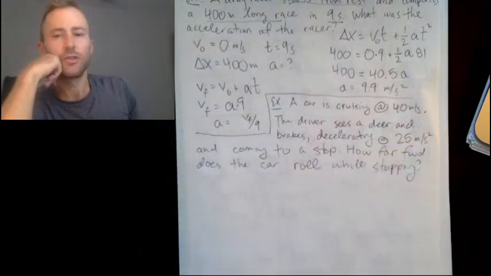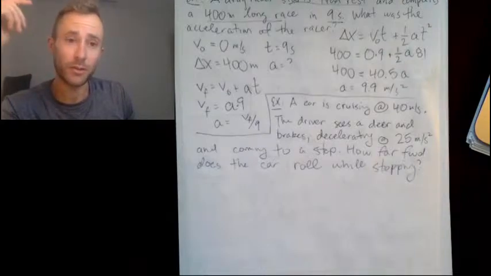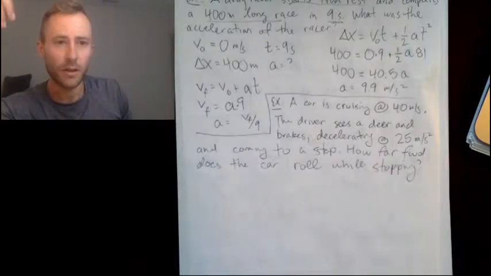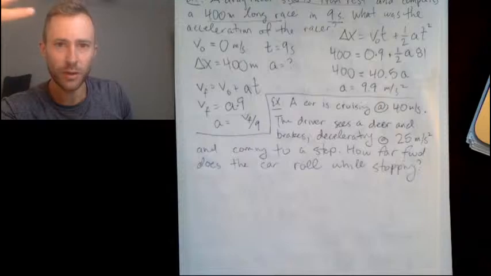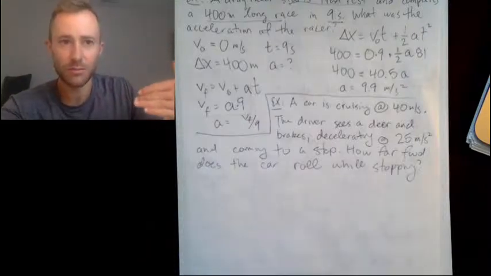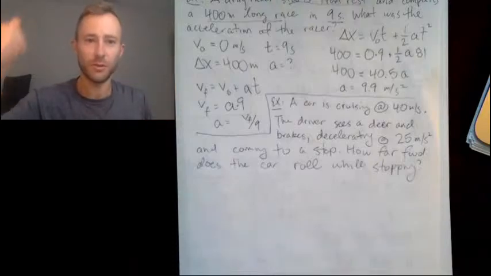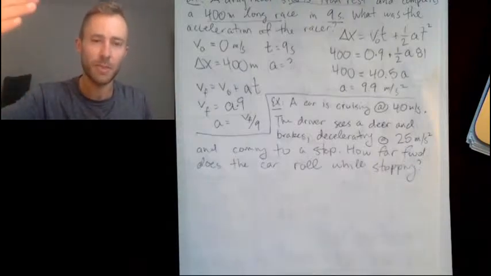Okay? So, all right, you might have experienced this before. If you're in driver's ed, or if you already have your driver's license, one of the things they teach you is to allow proper distance between you and the car in front of you, because what if the car in front of you stops suddenly?